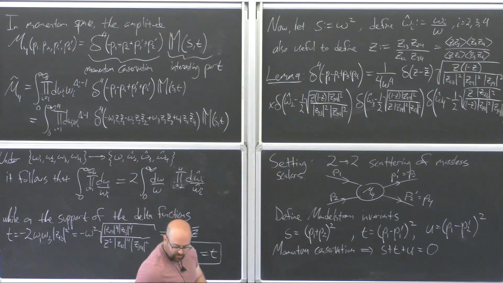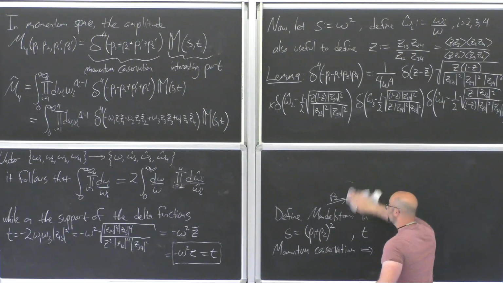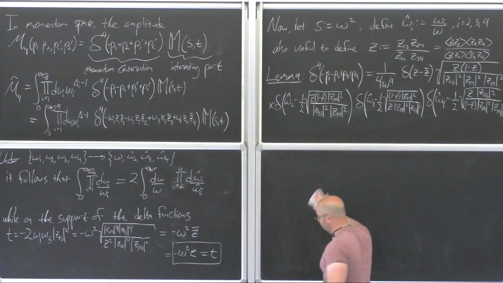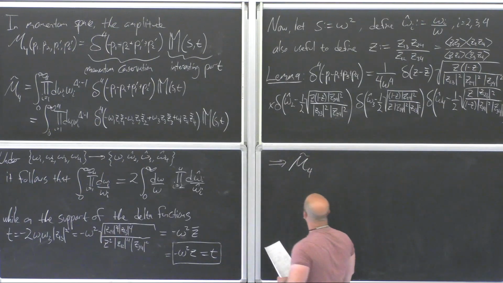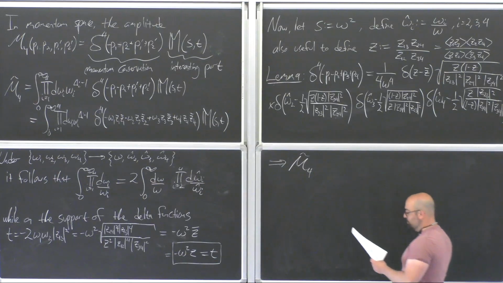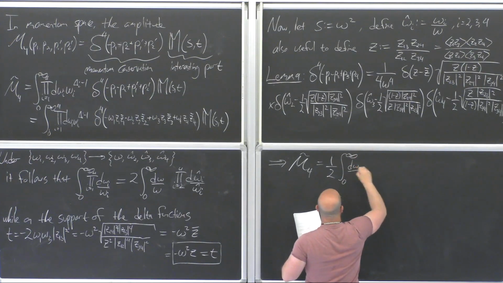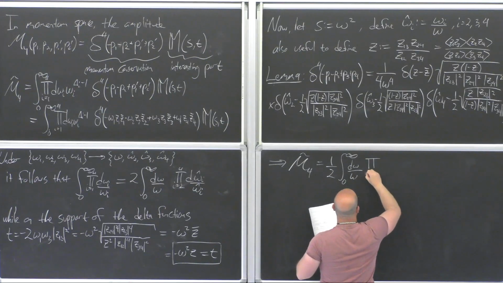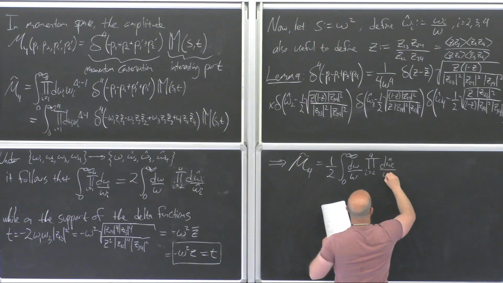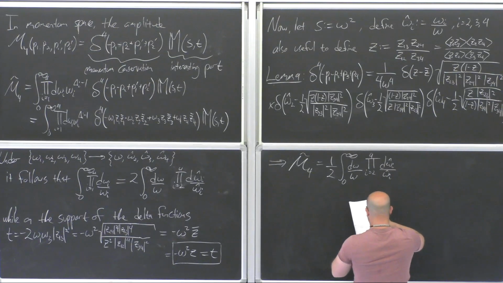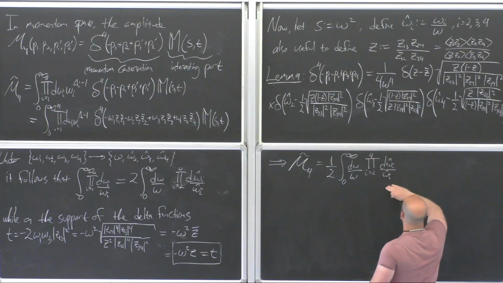So what this means is that we obtain a new expression for the celestial amplitude, which is just going to be equal to a half and a bunch of Mellin integrals, d omega over omega, product i goes from 2 to 4, d omega hat i over omega hat i, and then, sorry, I'm not going to bother writing this. We can just do all these integrals against the delta functions now.